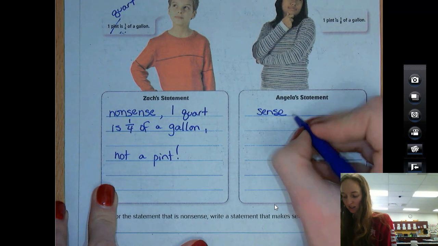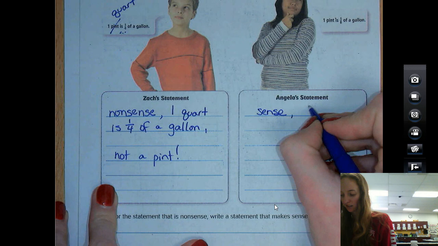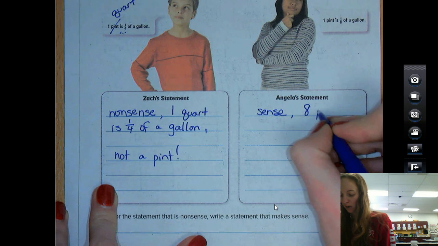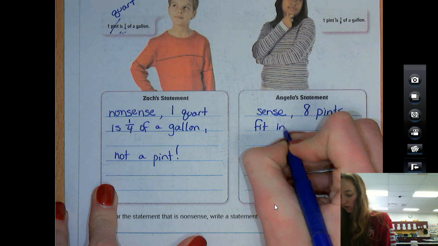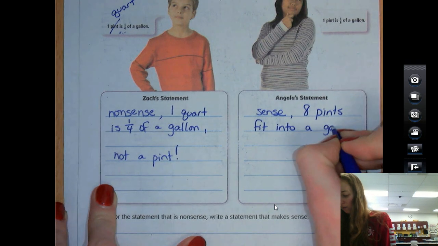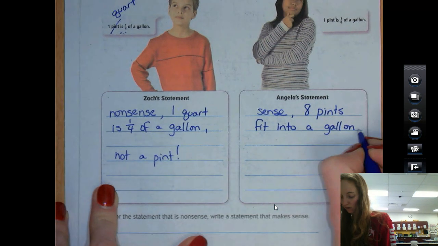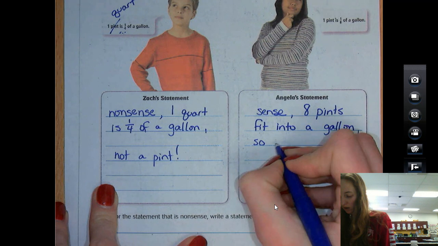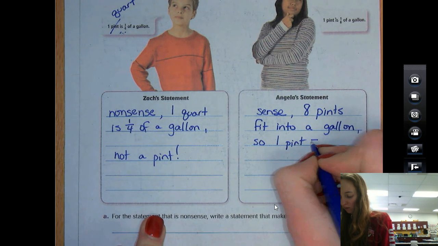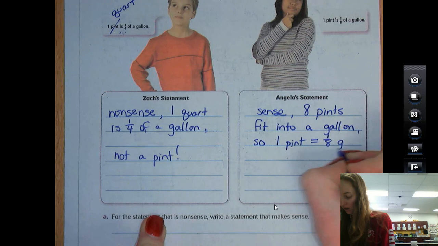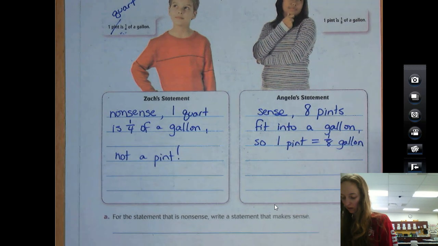She makes sense because 8 pints fit into a gallon. So 1 pint equals 1/8 of a gallon. Okay?